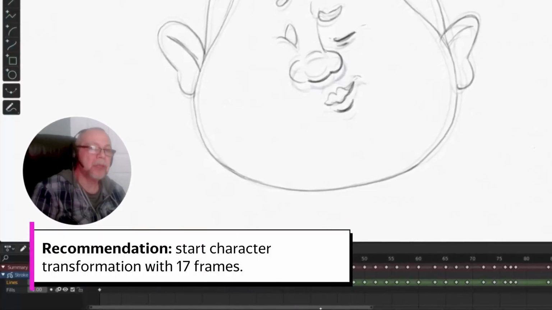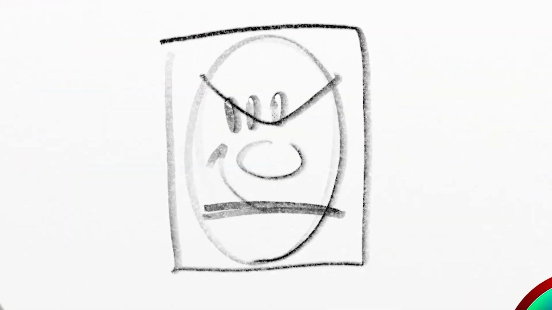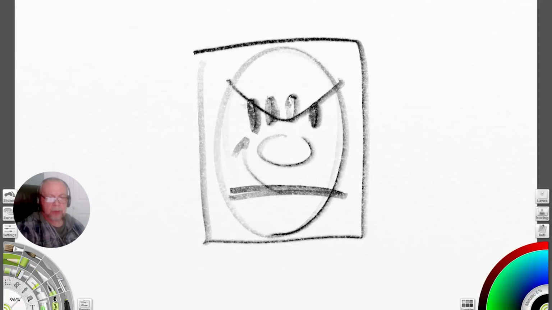I really recommend this. And also, if you see that shape, this one. That's a very simple move from this side to this side, from this one to this one. But the question is how you transform.